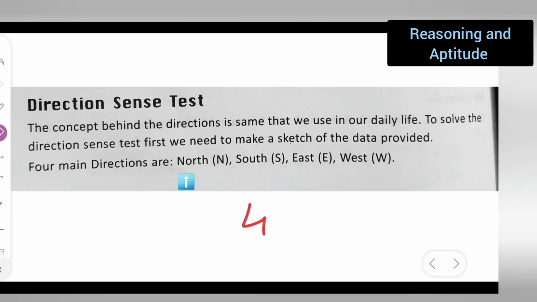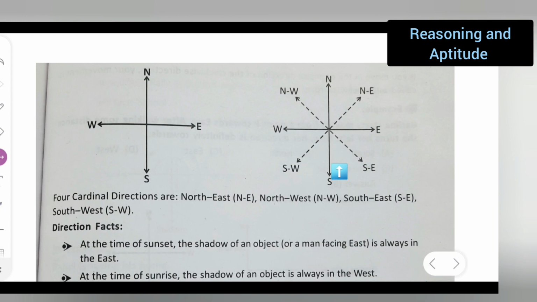Next, moving towards the next part, you can take down this. Here you can see north, south, east, west. These are the four main directions. Now for the cardinal directions, the dotted lines which you can see: this is the northwest, this is the northeast.